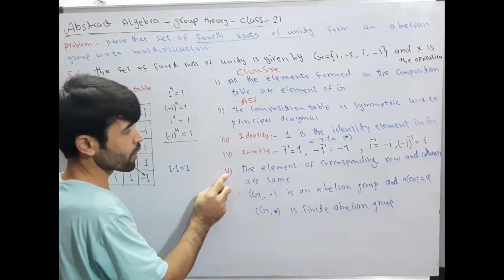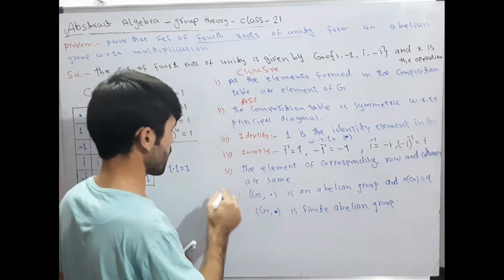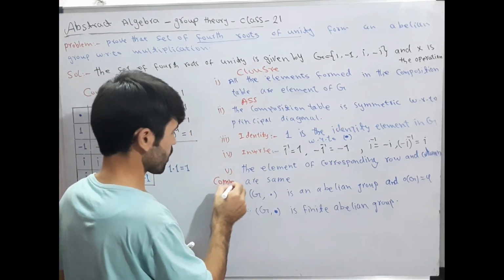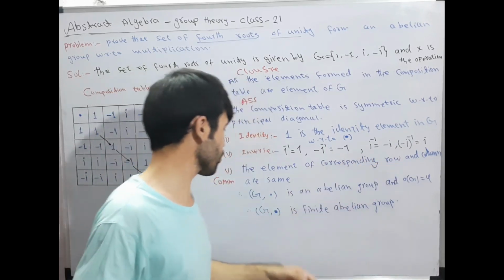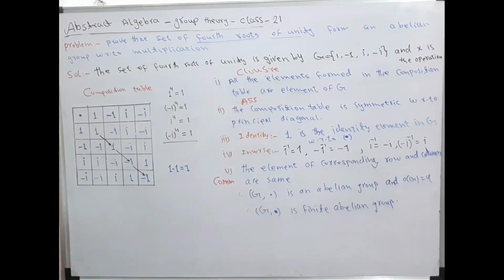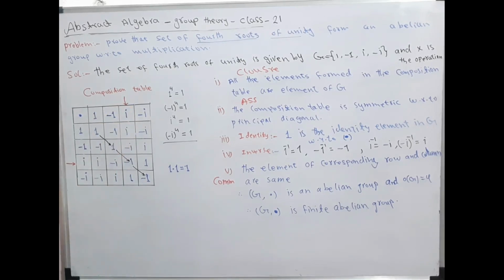For the fifth one, the commutative axiom. The elements of the corresponding row and column are the same. Here, if we see row 3 and column 3, they have the same elements: i, -1, 1.